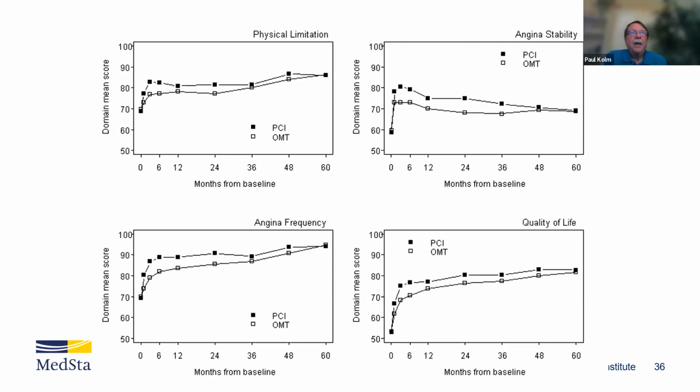You can see that what we have here is actually a nonlinear trend for both, where we have a sharp increase early on, and then it more or less levels out. And you can see that the PCI group is doing better until we get further out in time, and then there becomes less and less difference between the 2 groups.